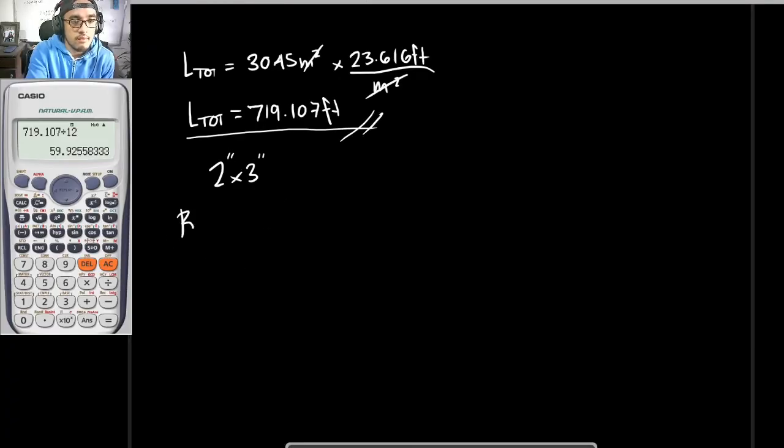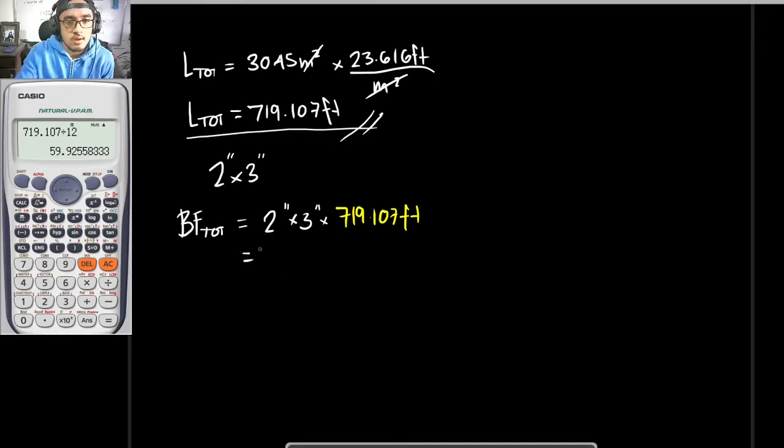So the total board foot is equal to 2 inches by 3 inches by 719.107 feet, times our conversion factor of 1 board foot for every 12 inch-feet.